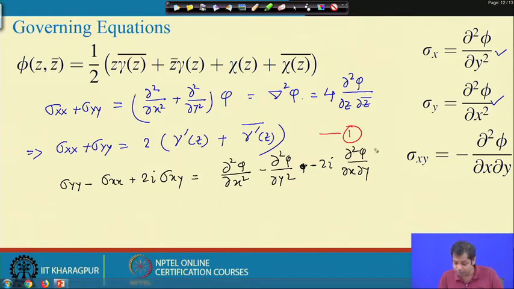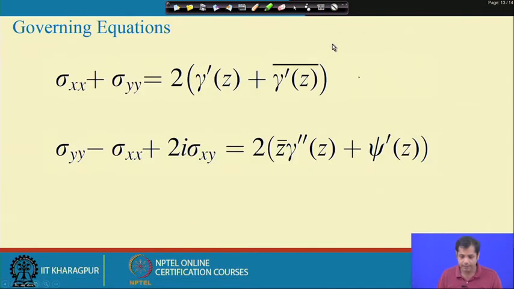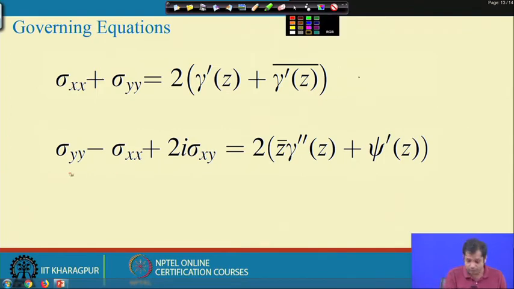If we substitute that, write the entire expression in terms of derivatives with respect to z and z bar, then substitute the expression of phi and do the derivative, you get the final expression, and that expression becomes this. This is the first expression which we derived, and this is the second expression.